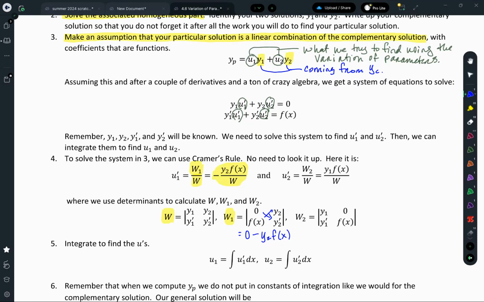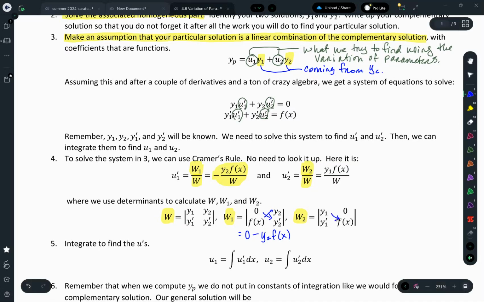Similarly, if we want to find u2 prime, then we're going to be looking at this W2 over W, and W2 is down here. It's a 2 by 2 determinant where since it's W2, we change the second column so that it's 0 and then the non-homogeneous term.